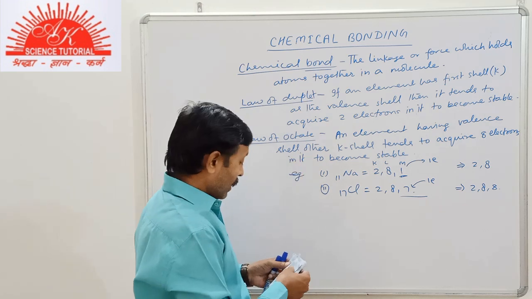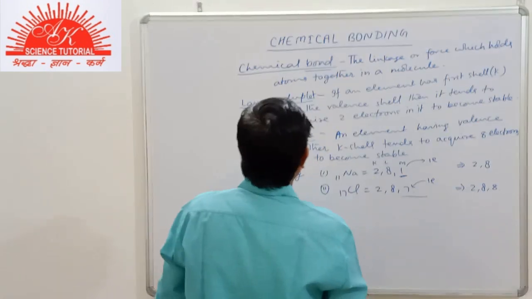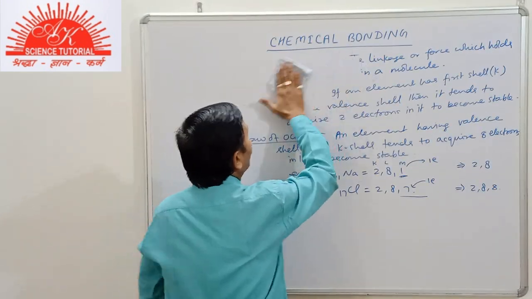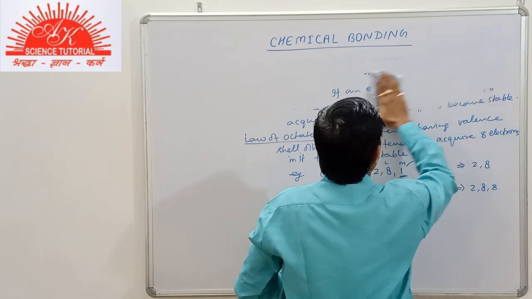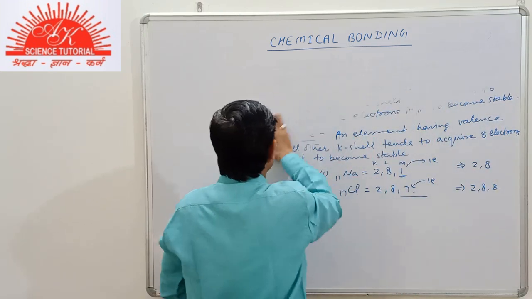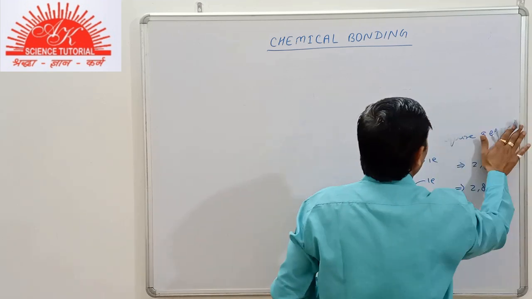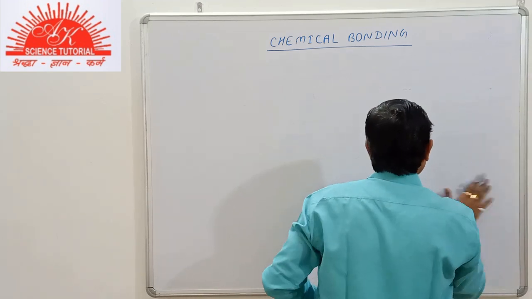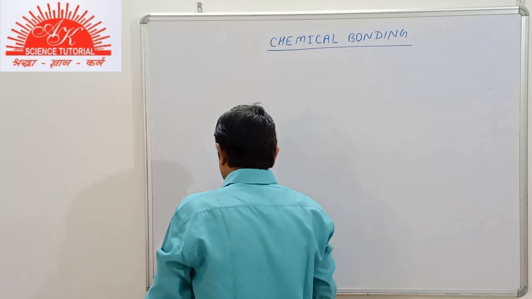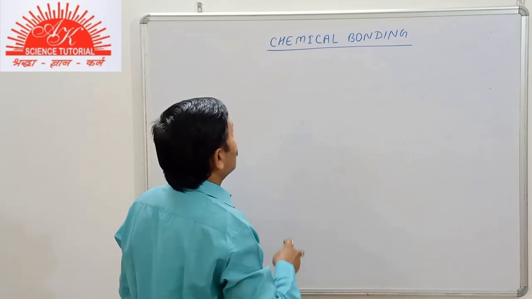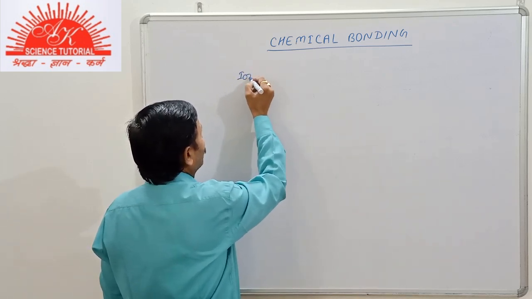Now, I have just explained why elements take part in chemical bonding. Now students, further we have to study some terms before completely starting with the types of chemical bond. That is the ion.